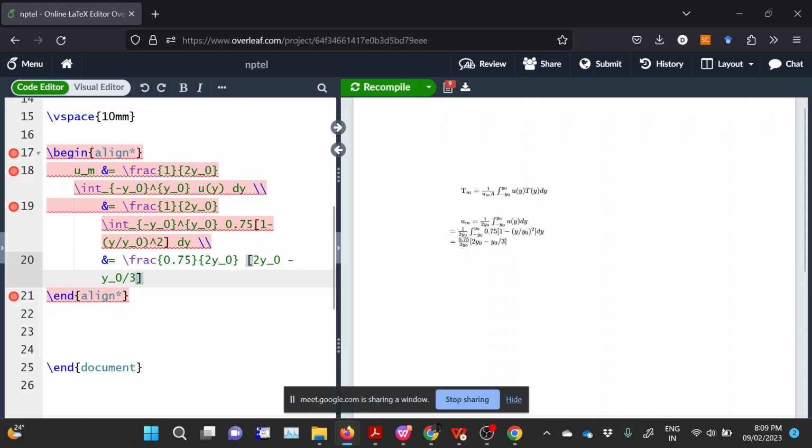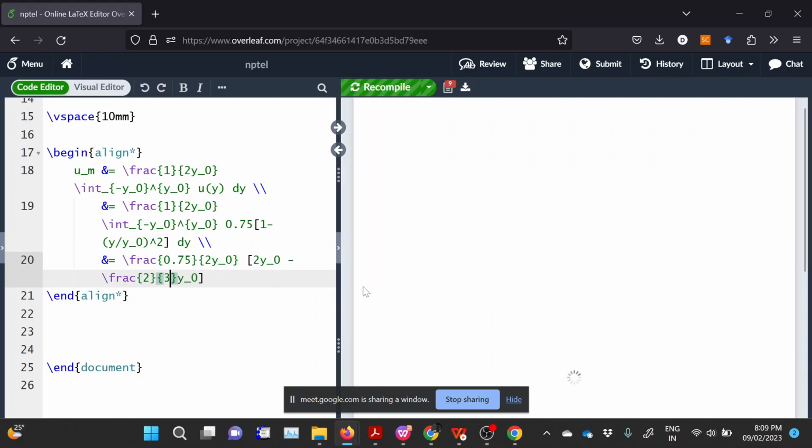Let's write this down properly. So the first term 1 would become y, and y naught plus y naught, it will be 2. So 2y naught, first one is correct. In the second one, there will be a 3 in the denominator, and it will be y naught cubed up above. Since it's an odd function, it will be 2 y naught cubed, so it will be 2 by 3 into y naught.